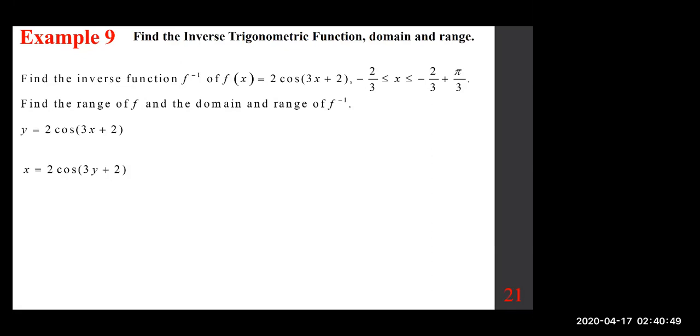Divide by 2, cosine inverse of x over 2 is 3y plus 2.